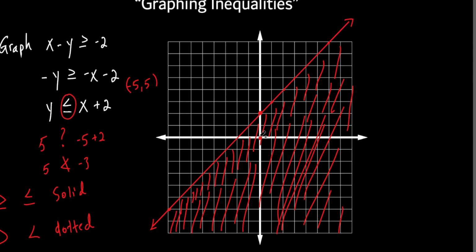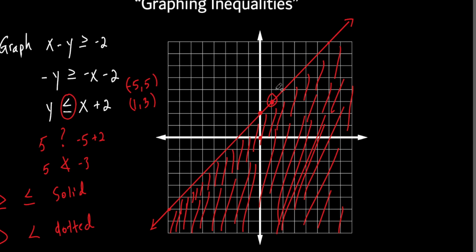If the line passed through 0, 0, you know it would work because any point on that line would work. Like if I pick this point right here, 1, 3, that's actually on the line, isn't it? But that's not going to help me with my shading, though. If I pick a point on the line, that'll always work, right, if it's or equal, okay?